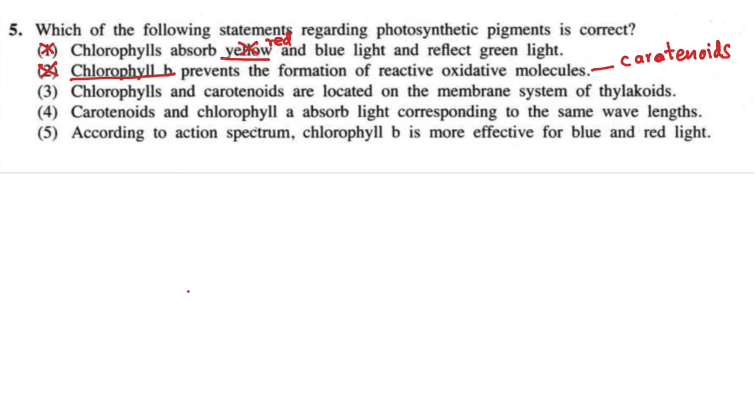Then number 3, chlorophylls and carotenoids are located on the membrane system of thylakoids. Yes, these photosynthetic pigments are located on those membrane systems of thylakoid membranes. So 3 is correct.